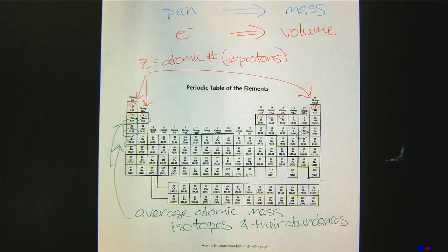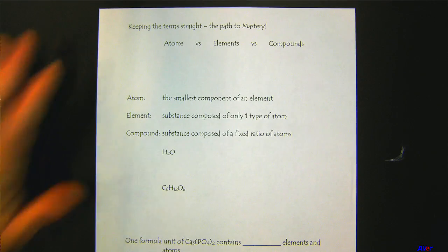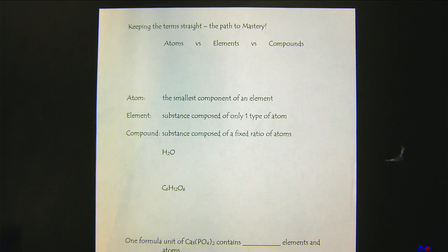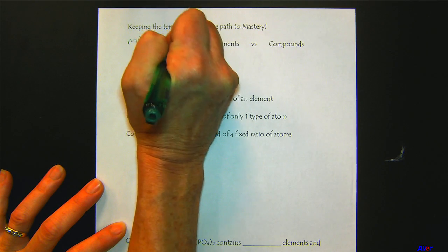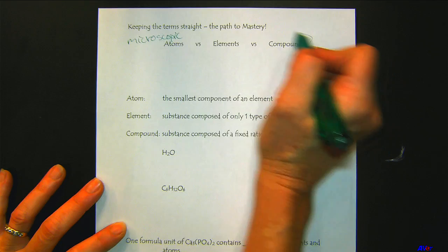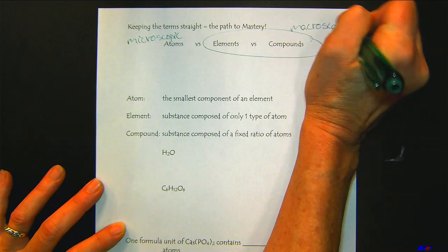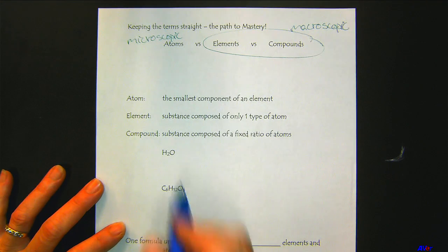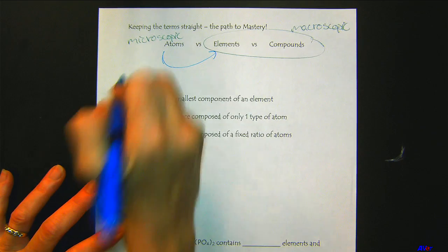Now let's have a little bit of a wrap-up page to make sure that we understand the main points of this video. Keeping the terms straight is really the path to mastery. When we're talking about atoms, that's definitely microscopic, and if we're talking about elements and compounds, that's macroscopic. The atom is the smallest piece of an element.